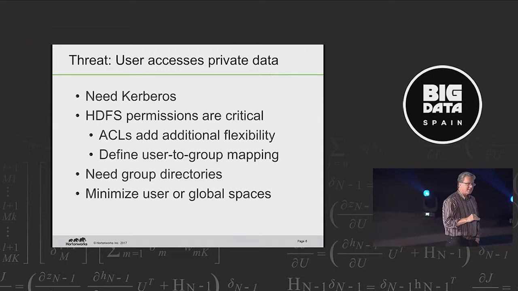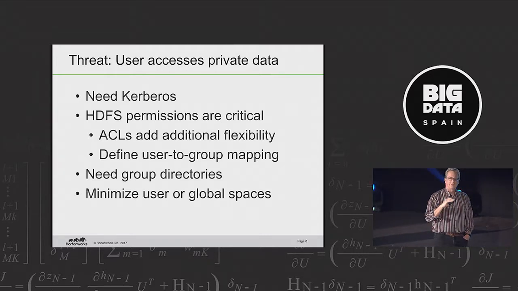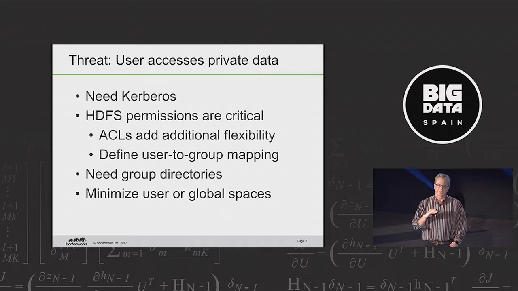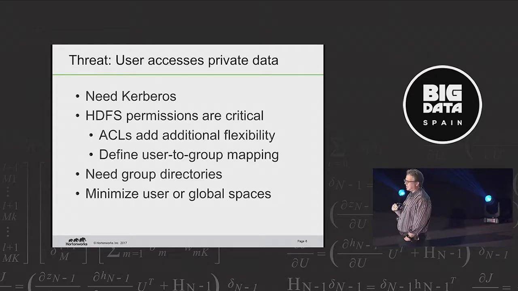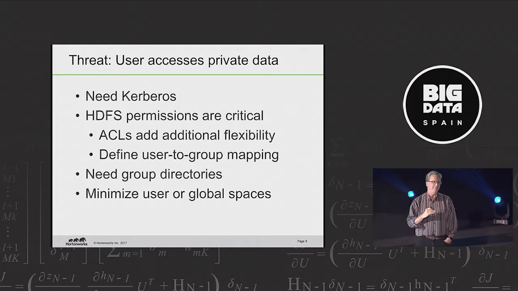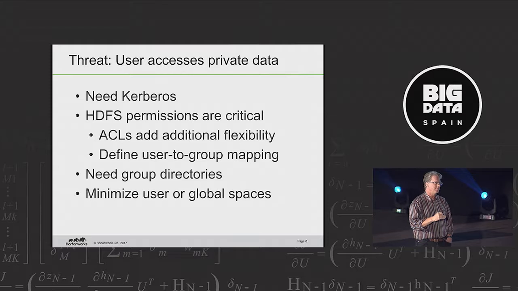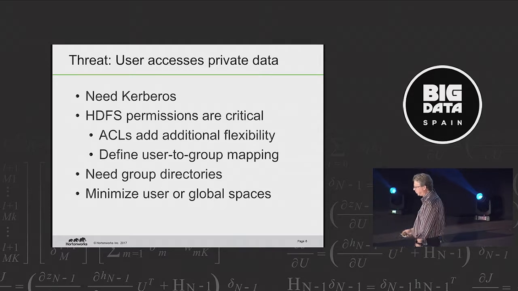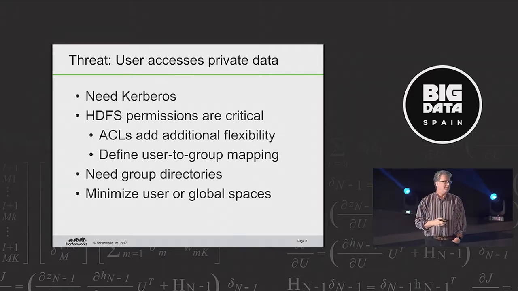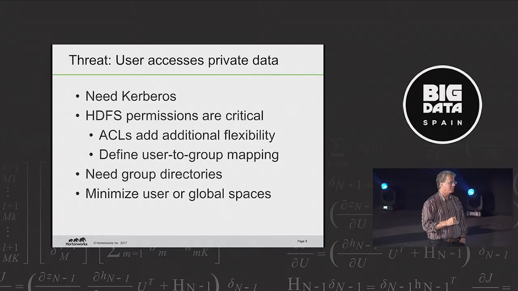But in most cases, actually, you don't need it because there's a user group mapping that lets you define what gets mapped to what, which roles each user has. And so even if your organization hasn't defined those as part of the LDAP, then you can still get it for Hadoop. You do need group directories, and you need to set quotas up for those.